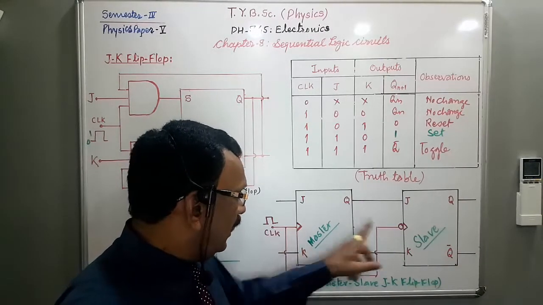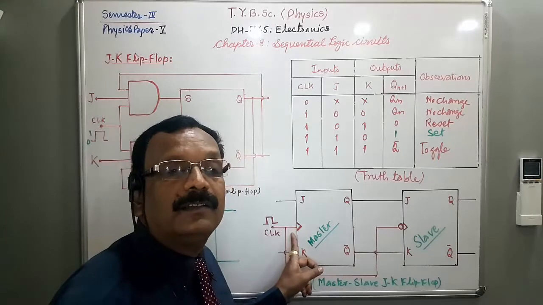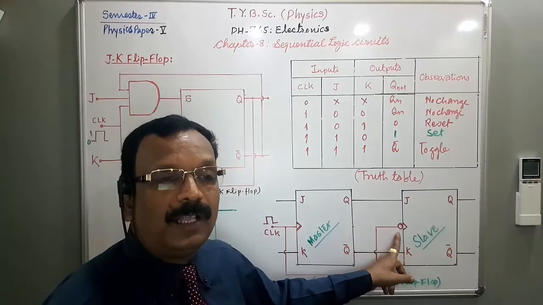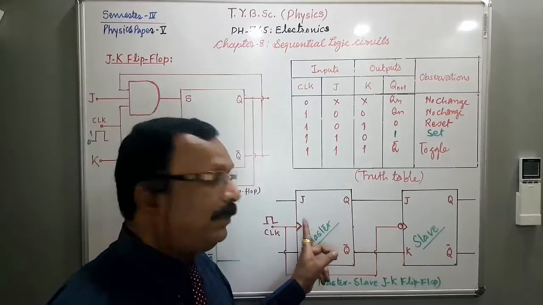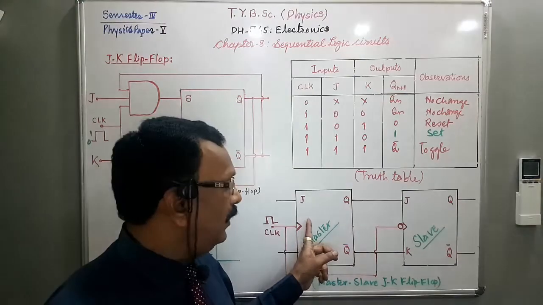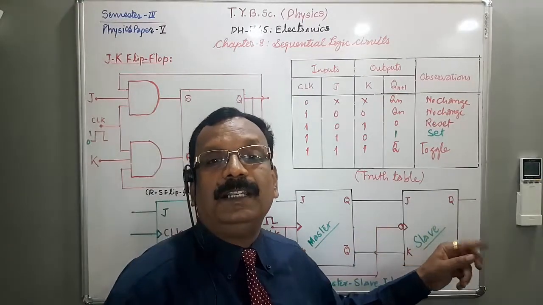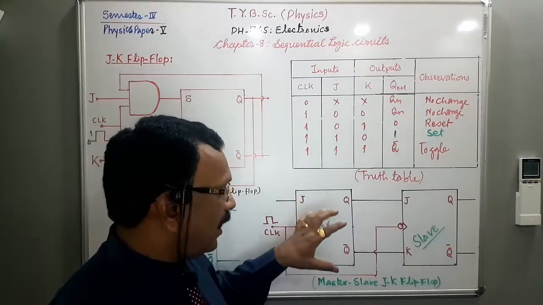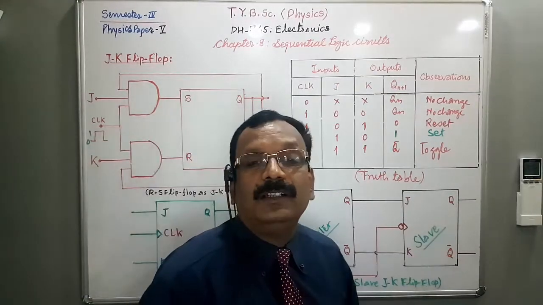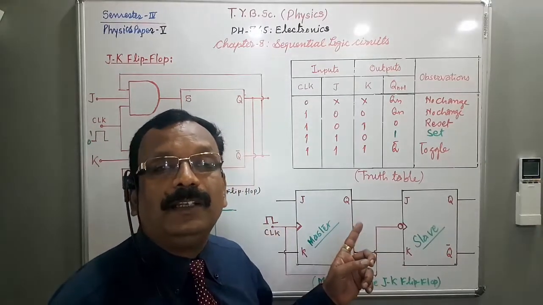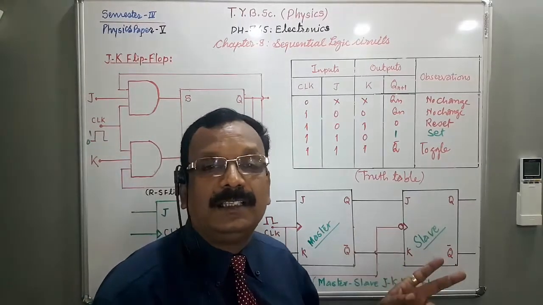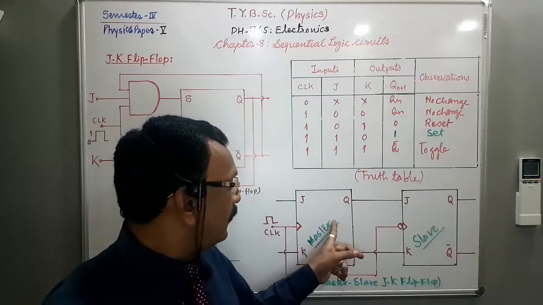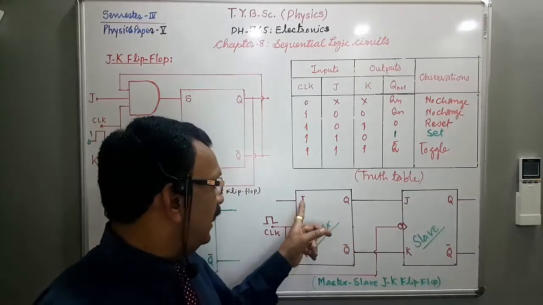So this is positive triggered and this is negative triggered. So the master flip flop is positive edge triggered, whereas the slave flip flop is negative edge triggered. A positive edge is essential in order to trigger the master, but to trigger the slave, a negative edge clock is essential. The output of the master flip flop is determined by the JK input.